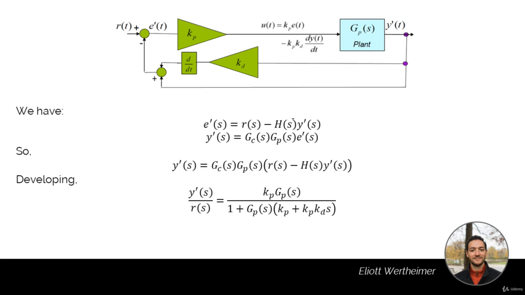So we can actually write that y(s), the output, is equal to Gc(s) times Gp(s) multiplied by the error, which is R(s) minus H(s) times y(s). We develop all that and we can get the transfer function for our whole system, that is y(s) divided by R(s). So it links the output of the system to the input of the system, and it is equal to Kp Gp(s) divided by 1 plus Gp(s) multiplied by Kp plus Kp Kd s.